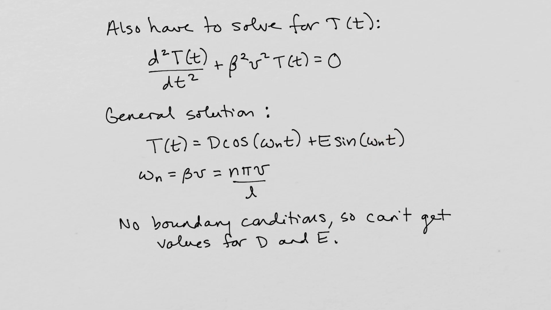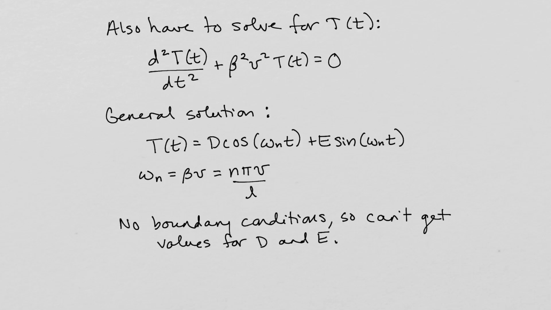So omega n can be represented by our beta constant times the velocity here, or since we've already figured out what beta is earlier when we did x, we can also say that omega can be represented by n pi v over L.